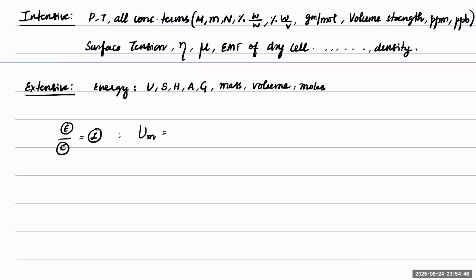So it is internal energy per number of moles. Okay. Hm, which is enthalpy per mole. Mole is normally represented by n. So this becomes now the per molar unit. So per molar is always going to be an intensive property. Clear?